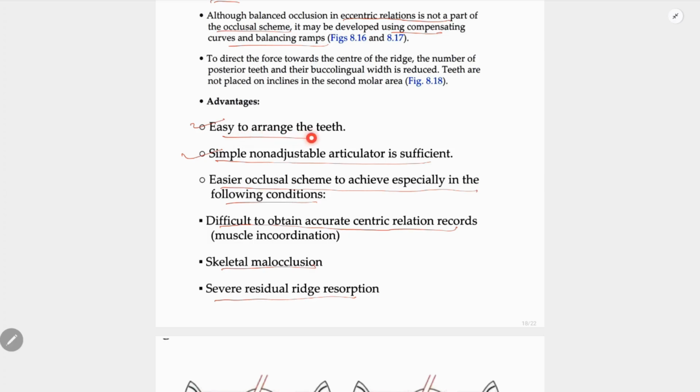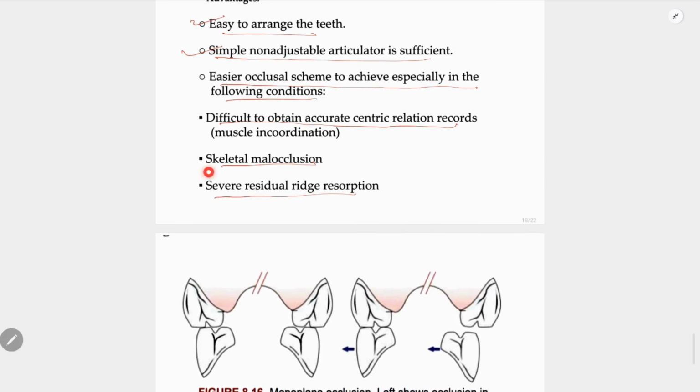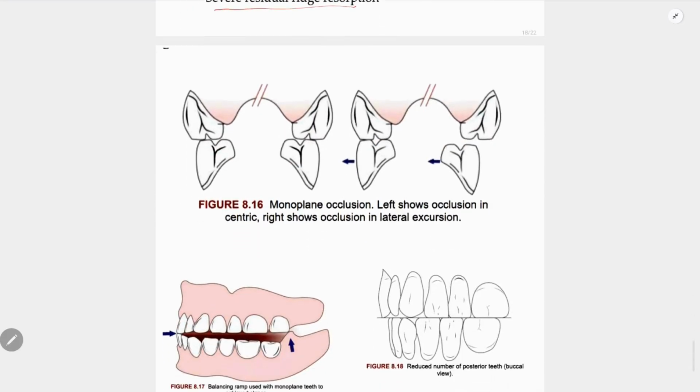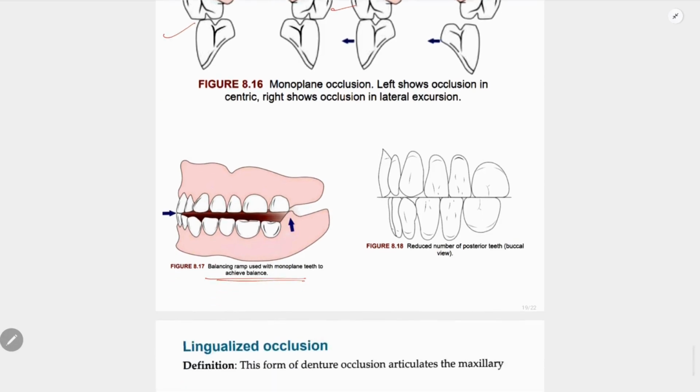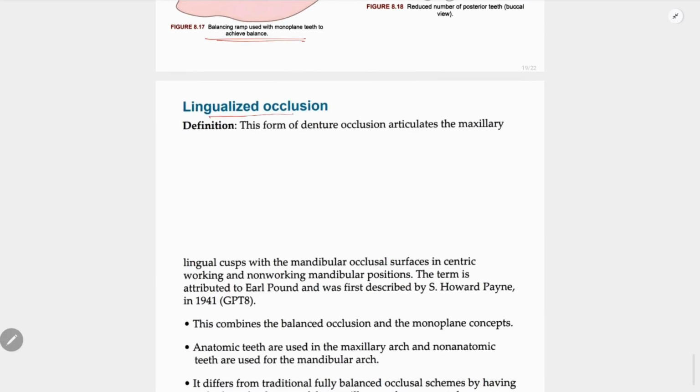Advantages are what? Easy to arrange. A simple non-adjustable articulator is more than enough. And the conditions: difficult to obtain accurate centric relation records, skeletal malocclusion and severe ridge resorption. So this is the diagram of a monoplane occlusion. You can simply draw this diagram in your exams. In this diagram we can see the balancing ramp, which is given when we use monoplane teeth to achieve the balance. Then comes lingualized occlusion.